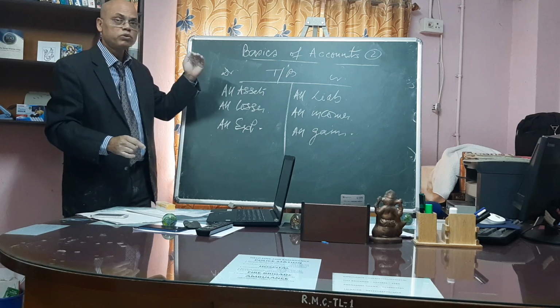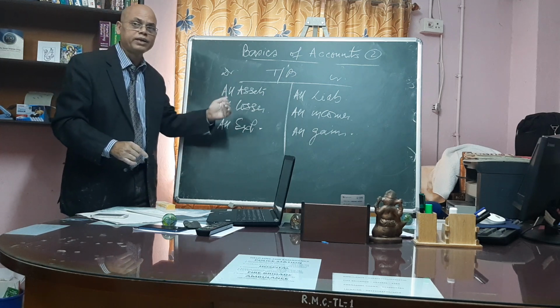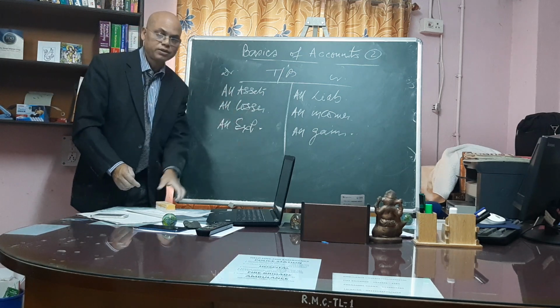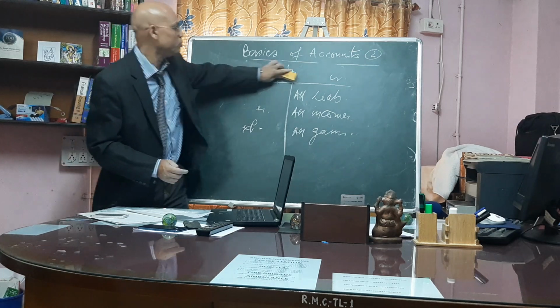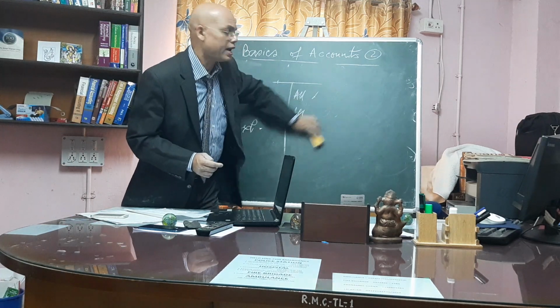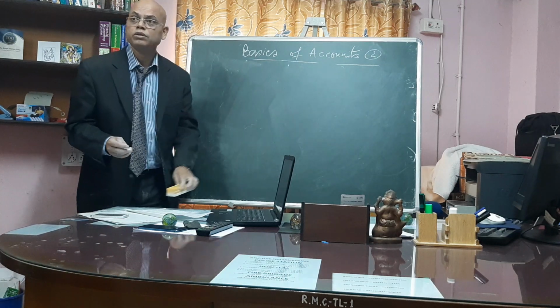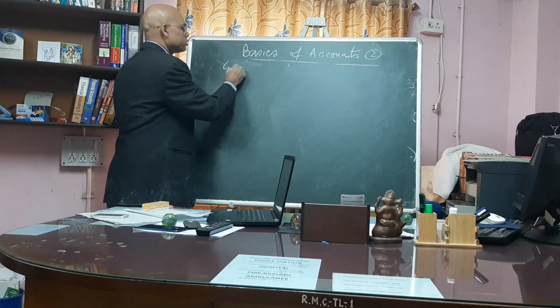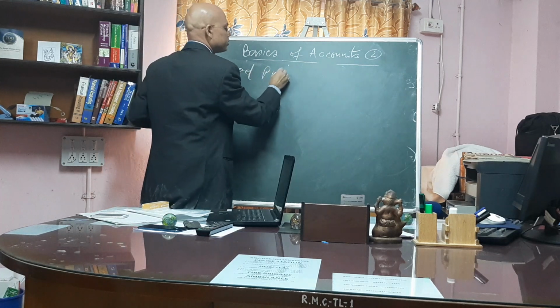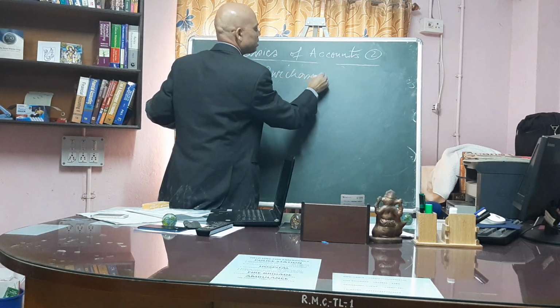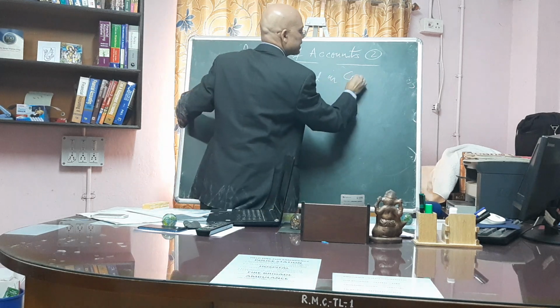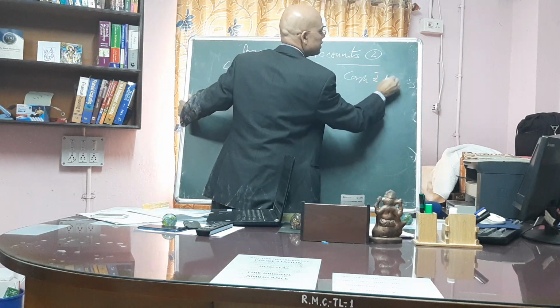Now follow how quickly we can pass the journal entries with the help of the nature of balance of accounts and the accounting equation. Like, goods purchased in cash, rupees 10,000.